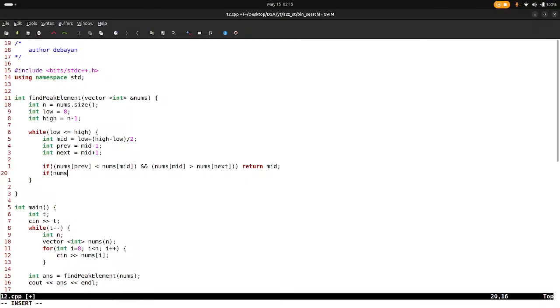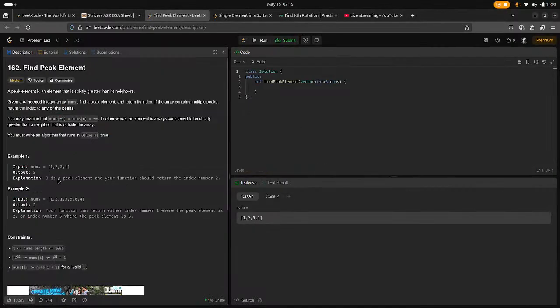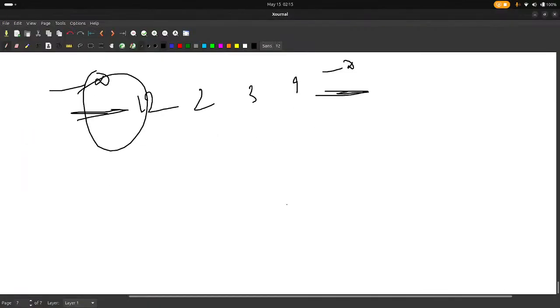If nums of previous is greater than nums of mid, what do I have to do? When the previous value is higher, let's say 12, 13 and 1, and here is my mid.